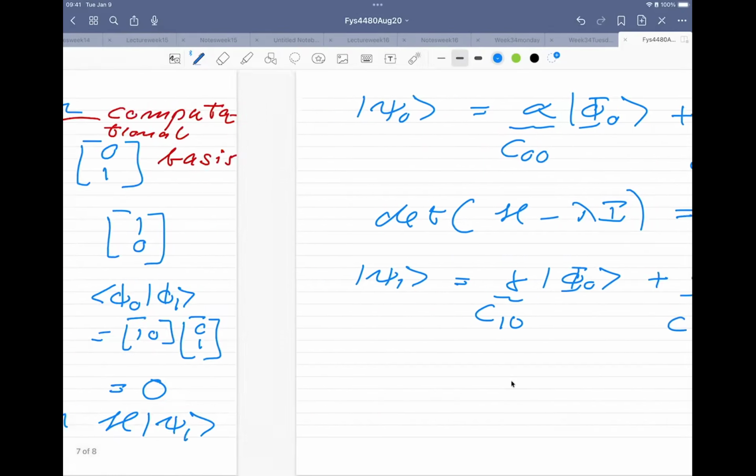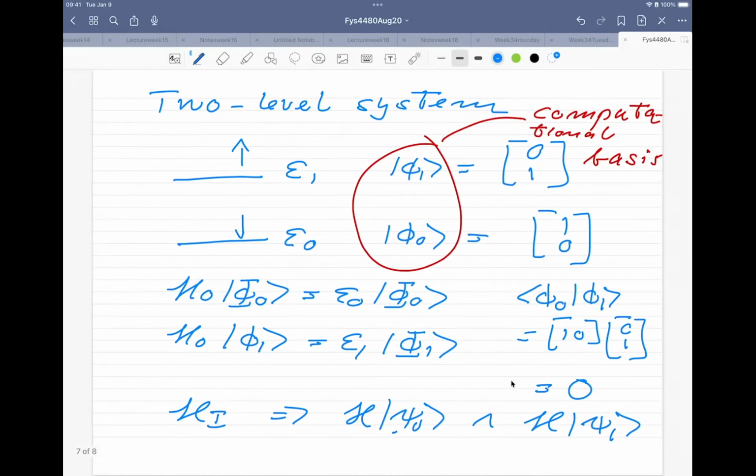Now, there's a reason why I bring up this 2-level system. This is something which relates to quantum computing, since quite many of you are interested in quantum technologies. What we could say now is that this state represents bit 0. And this is bit 1. And we would just call these qubits. So that means that the physical state of the system is given by a qubit 1, a qubit 0.